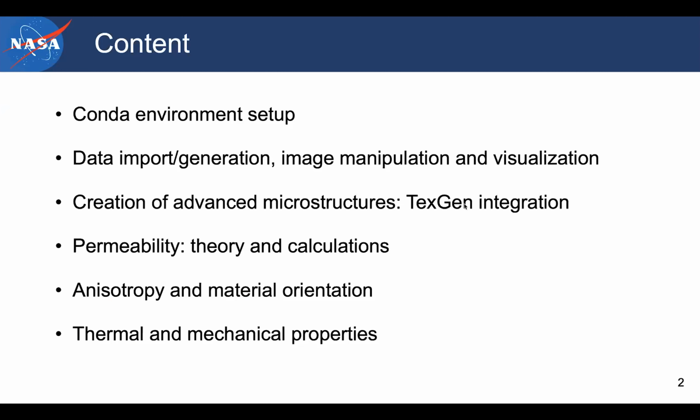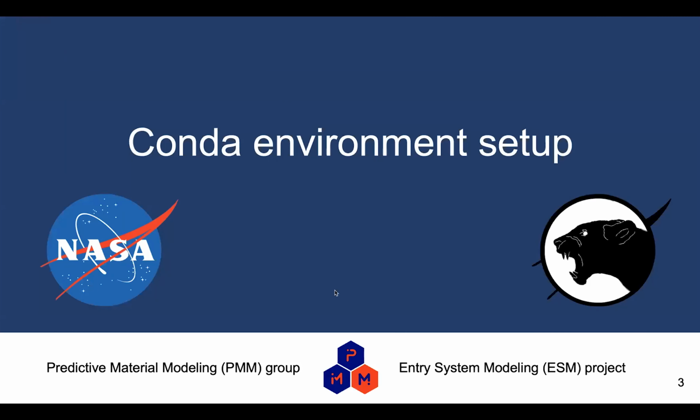And I know that the main developer of TechGen is currently in the audience, or she was in the audience a few minutes ago at least. So you can also ask her questions in case you want to know more about the software. And then finally, I'll dive into the material properties, some of the more advanced features that we've been working on recently. So without further ado, I'll start with the first video on the Conda environment setup.